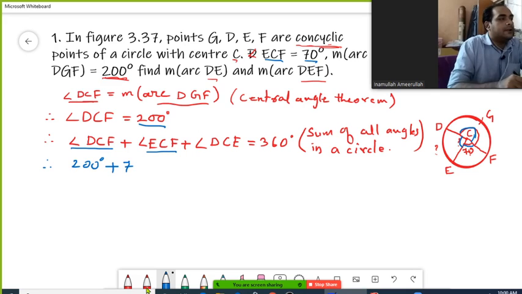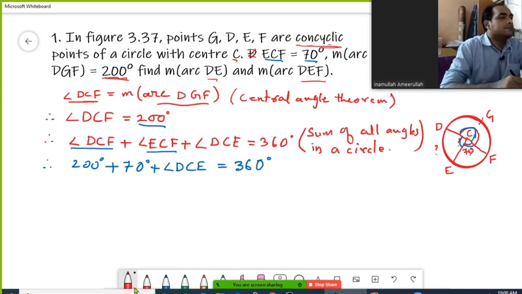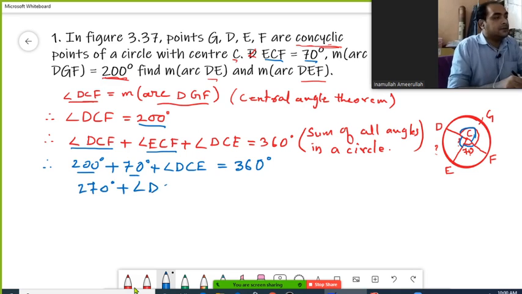So here I'll take 70 degrees plus this angle DCE, which is unknown, is equal to 360 degrees. Now 200 plus 70 will give you 270. So 270 plus angle DCE is 360.